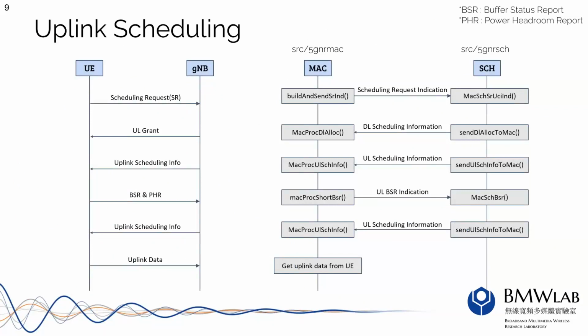Because at this moment, the UE doesn't have the opportunity to transmit, right? Yes. The scheduling request only needs 1 bit. I think it can transmit at any time after the random access.